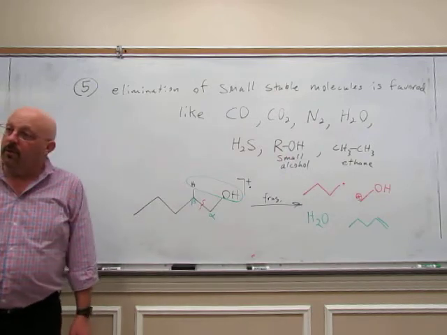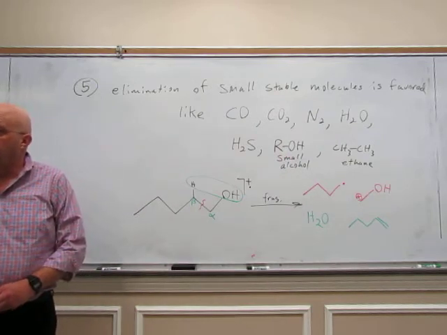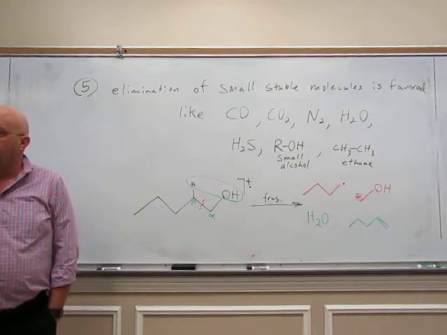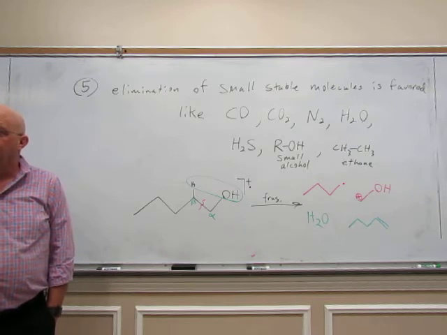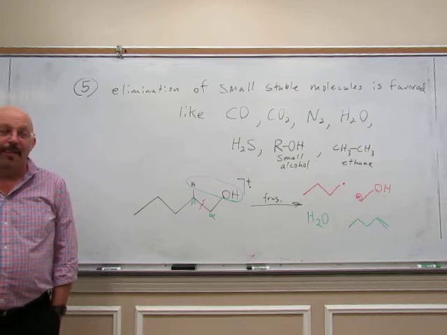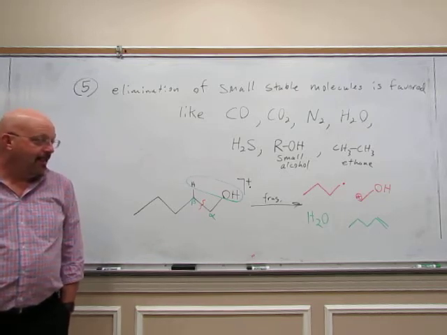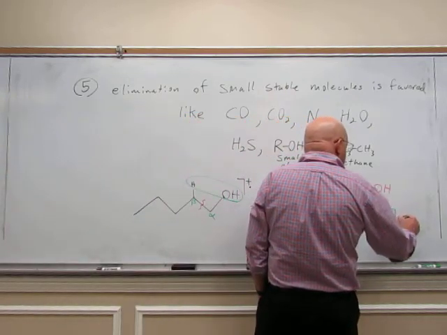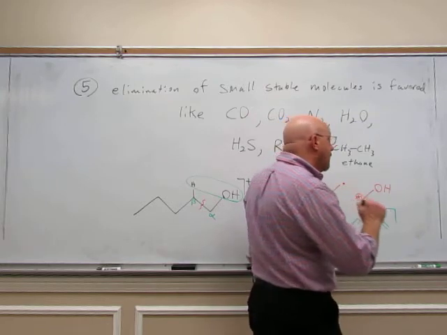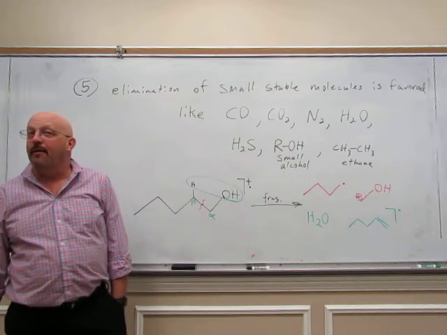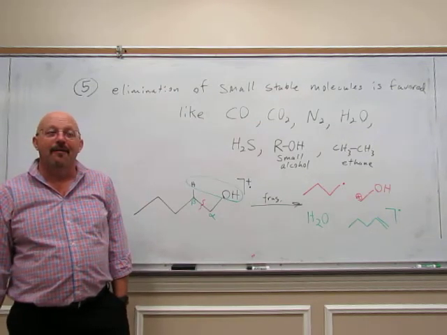Now, we've got to deal with our radical and our cation. Where's our radical and where's our cation? Okay, I'm going to put it out here in brackets because I don't know where it's at. But yes, there will be a radical here. Now, where's the cation? H2O is small stable.